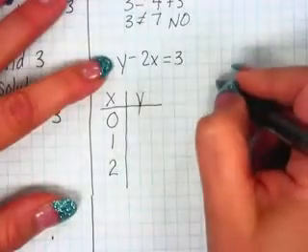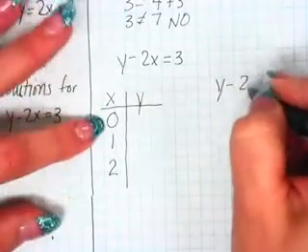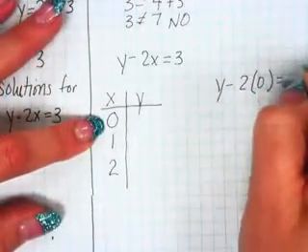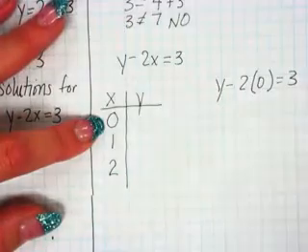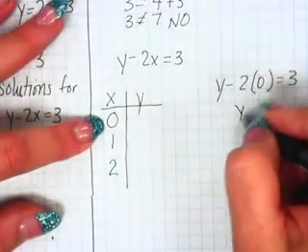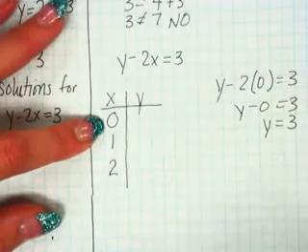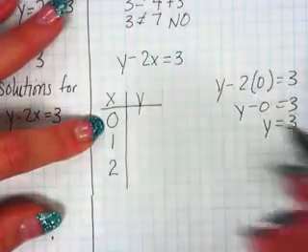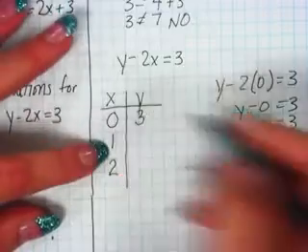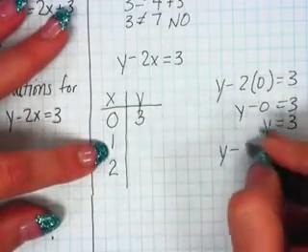So we're going to come over here, y minus 2 times 0. We want to know what happens when the X is 0. We get y minus 0 equals 3. So if the x was 0, the y is 3. Now what happens if I make the x 1?